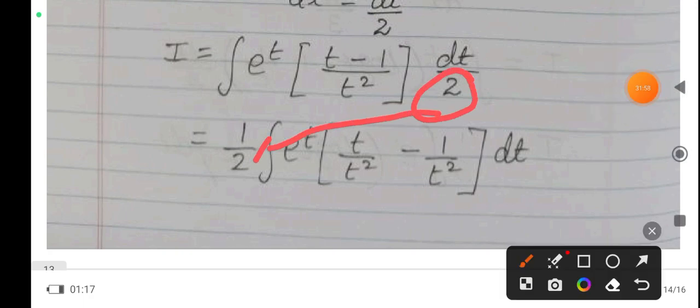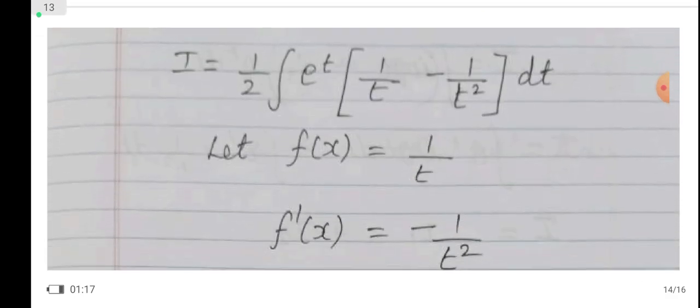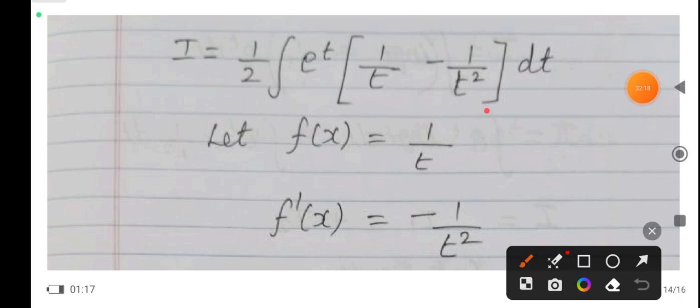Then this 2 you keep outside: 1 by 2 e power t. The t minus 1 by t square is there, children. We can divide it separately: t by t square minus 1 by t square. So the t and t square, the t gets cancelled. And we get e power t, 1 by t minus 1 by t square.